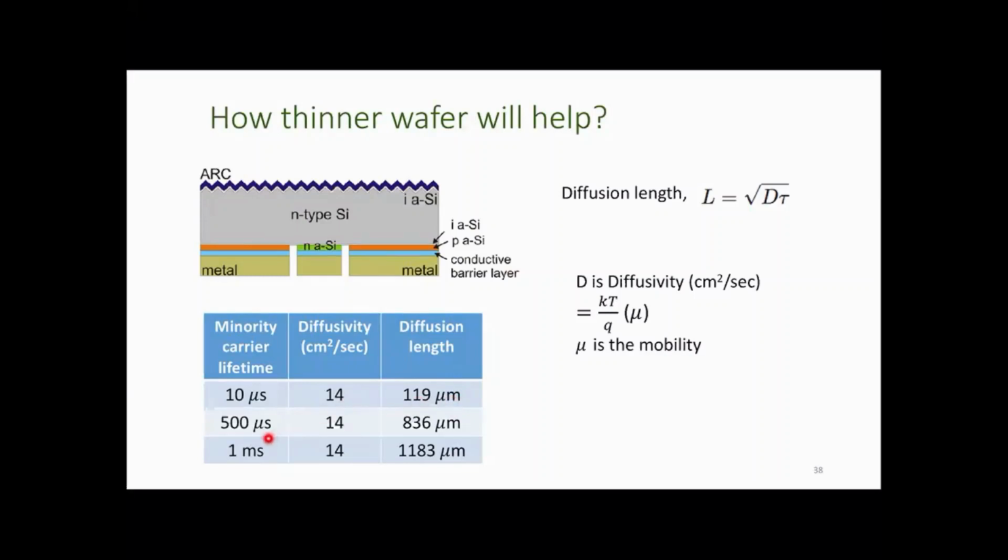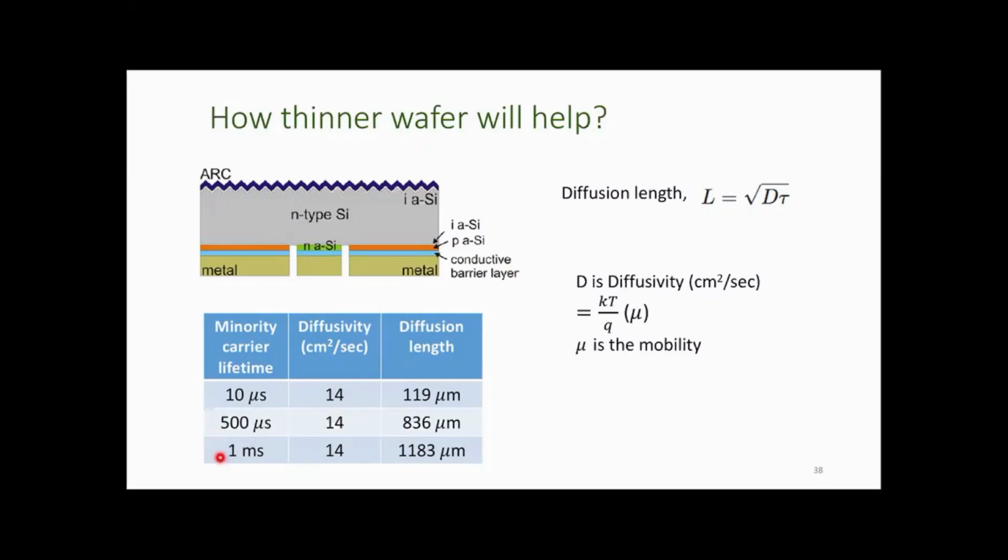Now, if you can improve the minority carrier lifetime of your crystalline silicon wafer to 500 microsecond, your diffusion length increases to 840 micron. That means now your carriers are diffusing longer distances before they are recombining.